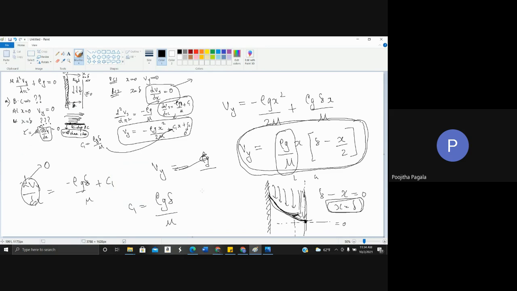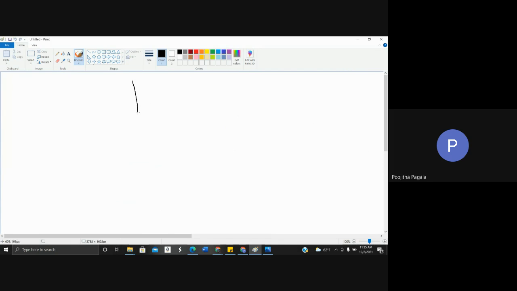Flow rate per unit width of the wall means: you have your wall and you have the free surface, and we just found that the fluid velocity varies in this way, where you have zero velocity here and maximum velocity at the interface.